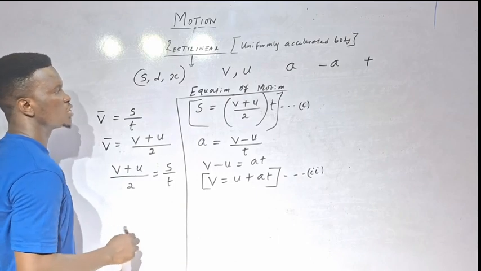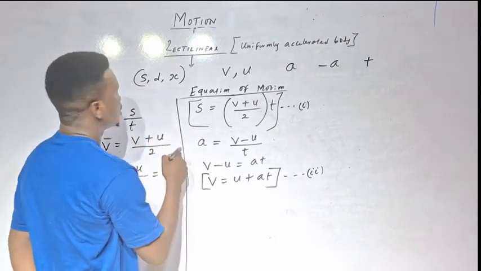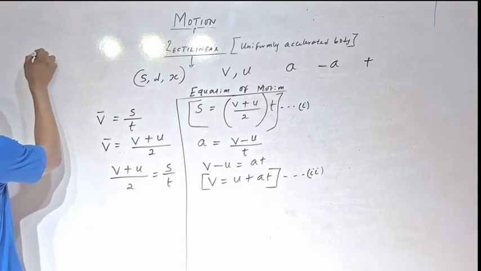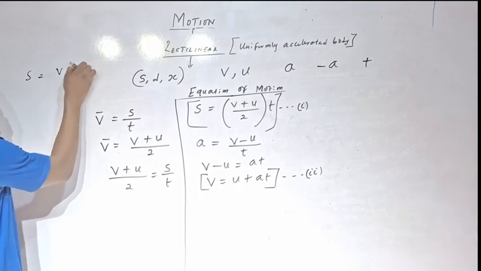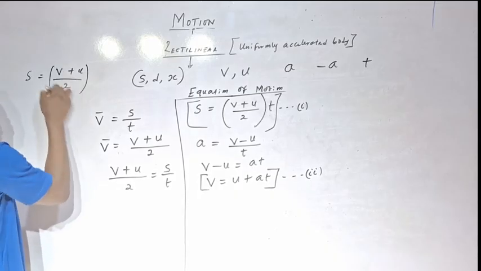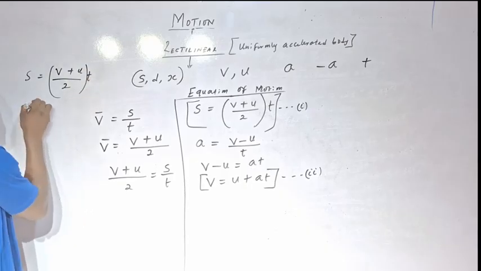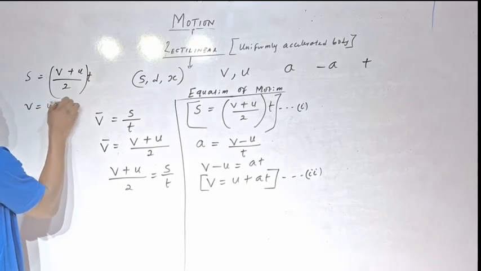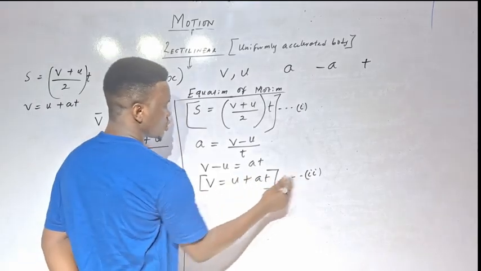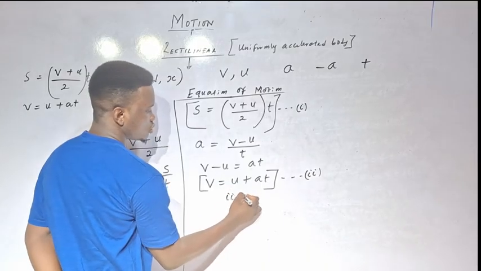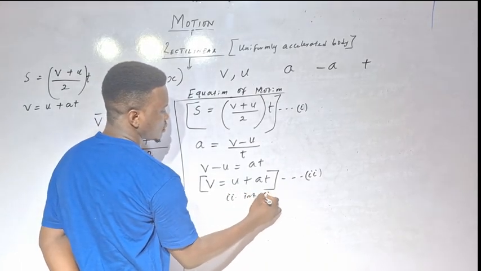This is the second equation. Let me be writing them on the side. So we have S = ((V + U)/2) × T. That's equation 1. We also have V = U + AT. That's equation 2. So let's substitute equation 2 into equation 1.